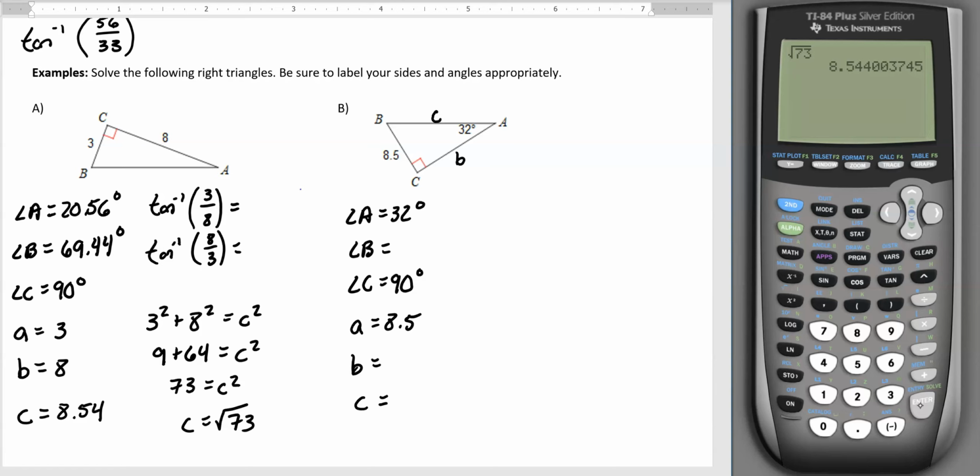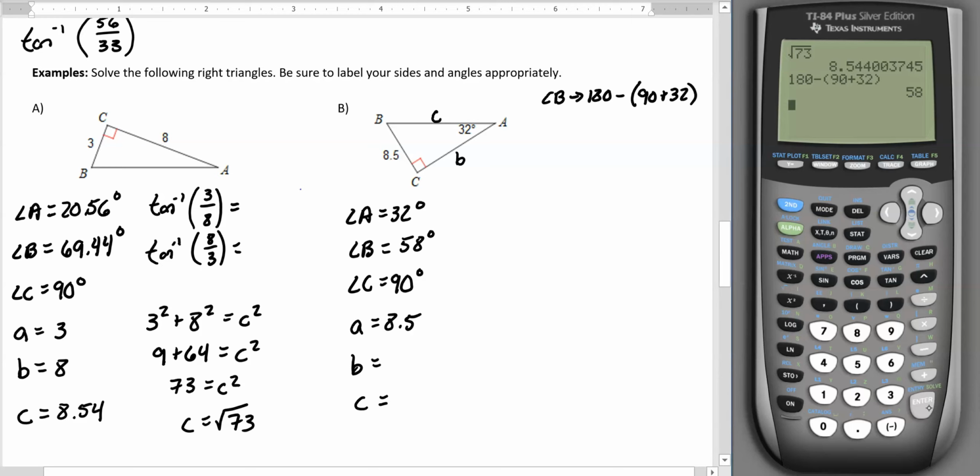So let's start by figuring out angle B. So to figure out angle B, I can do 180 minus 90 plus 32. In my calculator, 180 minus parentheses 90 plus 32. And that will give me 58 degrees. So we know B is 58 degrees.